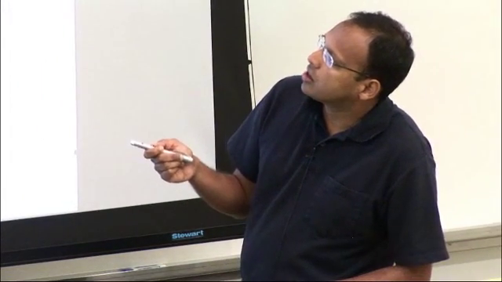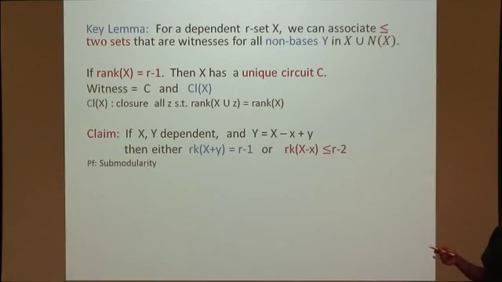So here is the proof. Suppose there are two sets X and Y which are non-bases, and Y is a neighbor of X, so it looks like this. Then the first claim, which is just a one-line calculation that I'll skip, is that X was a non-base of rank R minus 1 and Y is also a dependent set.